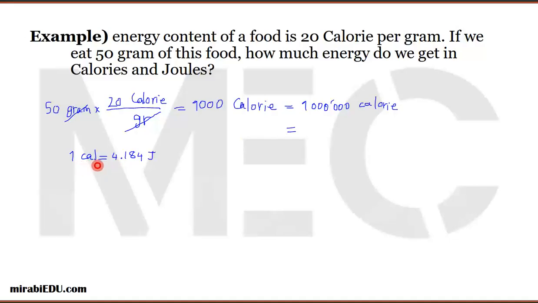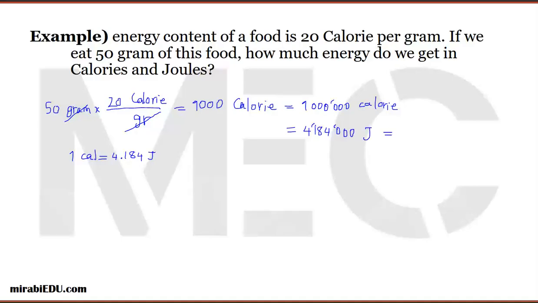Therefore, because every calorie is 4.184 joule, we need to multiply it by 4.184 to find the energy in joule. So it will be 4.184, 3 zeros, which means 4,184,000 joule.